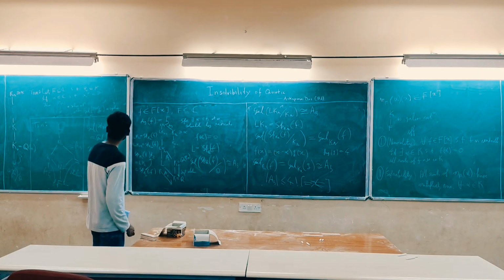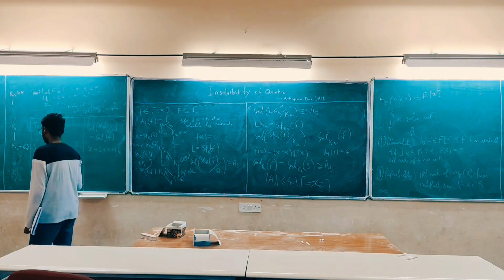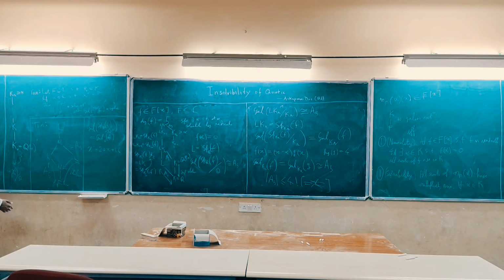So that completes the proof. And to review what I did, the first key observation was what a radical looks like and how we can construct it using field extensions. Then I introduced what a Galois group was and why it was useful, because of the distinction between fields and groups.